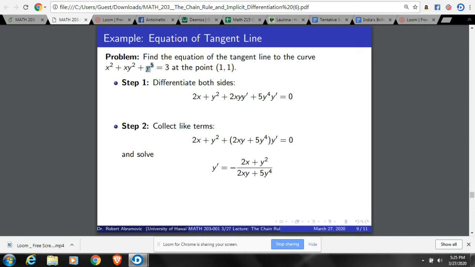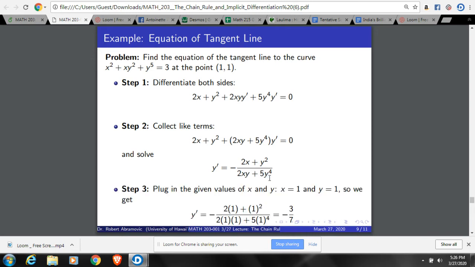Here, the derivative of y to the fifth, we've seen this before, by the generalized power rule is 5y to the fourth times y prime. And when we collect all the terms that have a factor of y prime in them, we get 2xy plus 5y to the fourth times y prime is equal to negative (2x plus y squared). We solve for y prime to get this formula: negative (2x plus y squared) over (2xy plus 5y to the fourth).